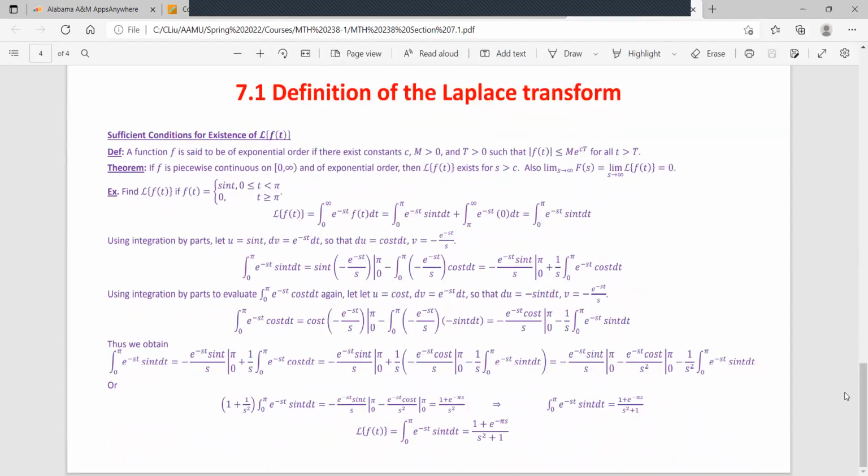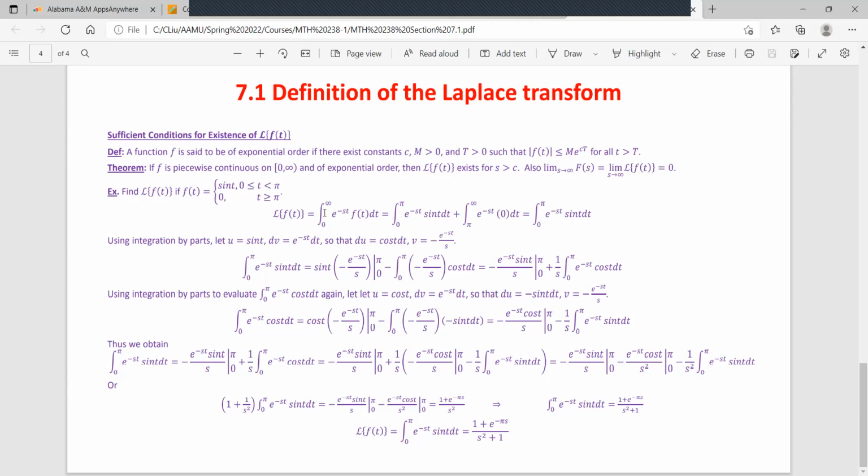All right. Okay. So we just defined the Laplace transform. Then the question is, how do we know the Laplace transform exists? We know the Laplace transform is an improper integral.